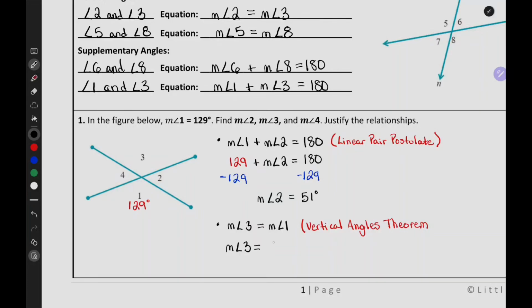The measurement of angle 3 is equal to the measurement of angle 1 by the vertical angles theorem, and so the measurement of angle 3 equals 129 degrees. For similar reasons, the measurement of angle 4 is equal to the measurement of angle 2, so the measurement of angle 4 is 51 degrees.